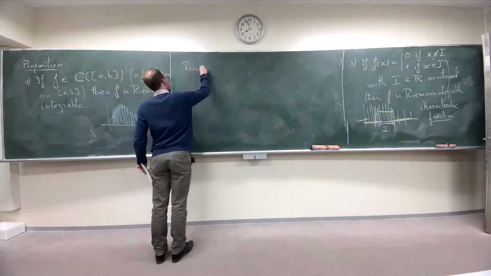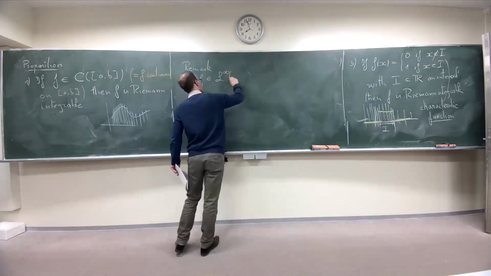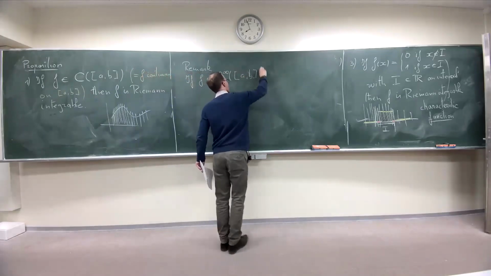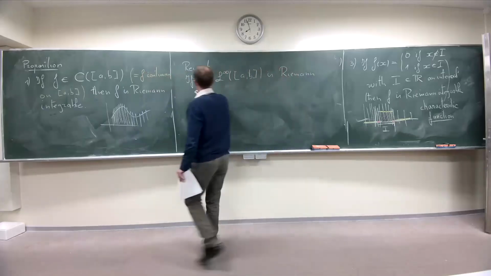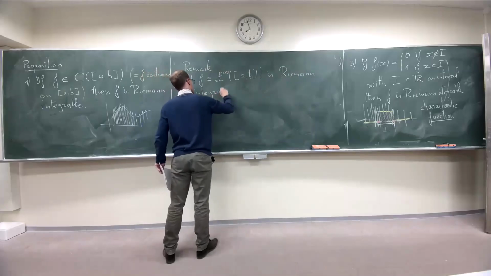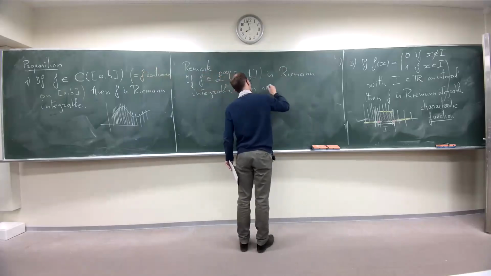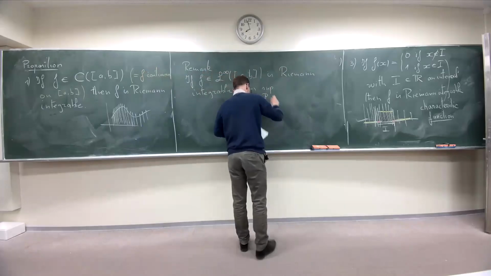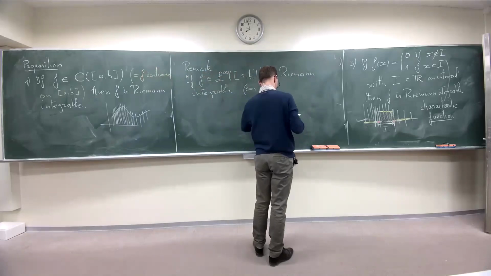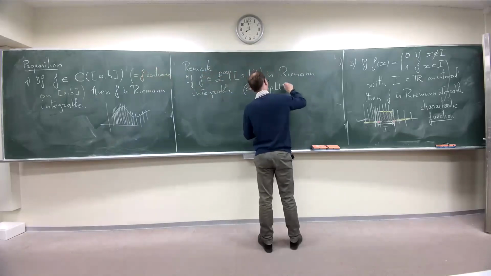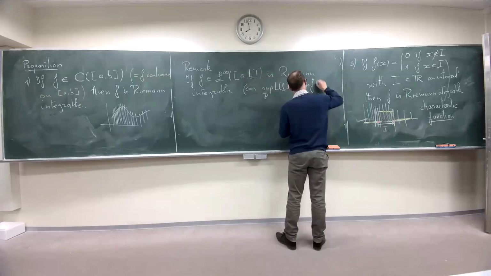If f belonging to L infinity of [a,b], a bounded function, is Riemann integrable, meaning, I recall the meaning, the sup over all partitions of the lower sum L(f,P) is equal to the inf over all partitions of the upper sum U(f,P).